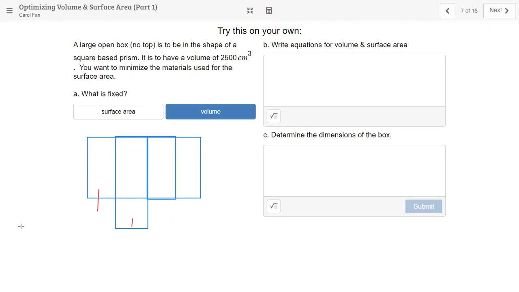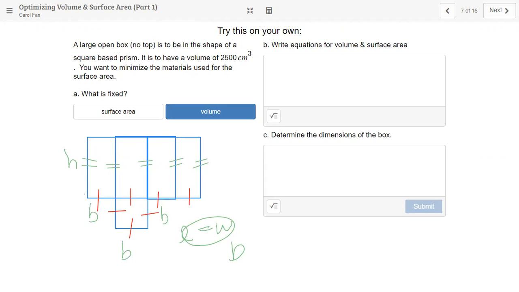These are all sides that are the same. And then I have these sides that are also the same. Let's label this. So I'm going to call this side H, and the base, because the length is equal to the width, I'm going to just call this whole thing B. So I have B, B, and B.